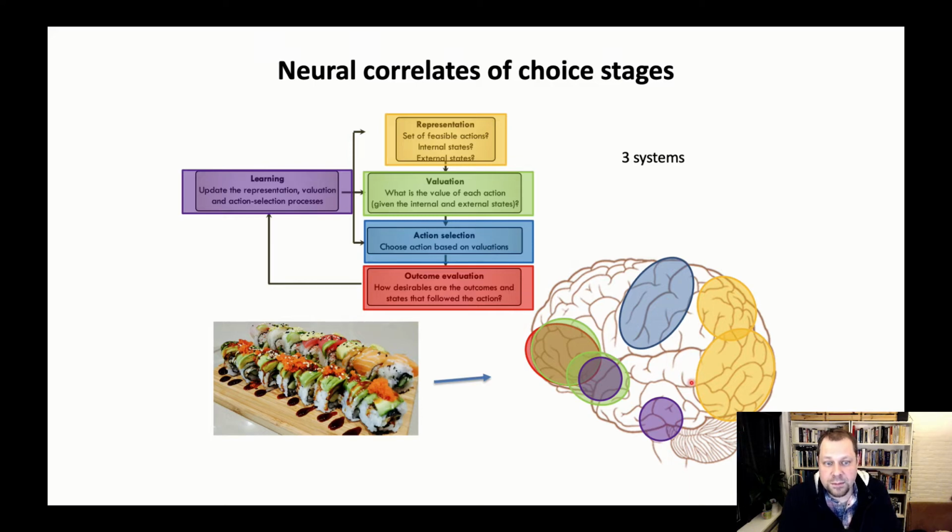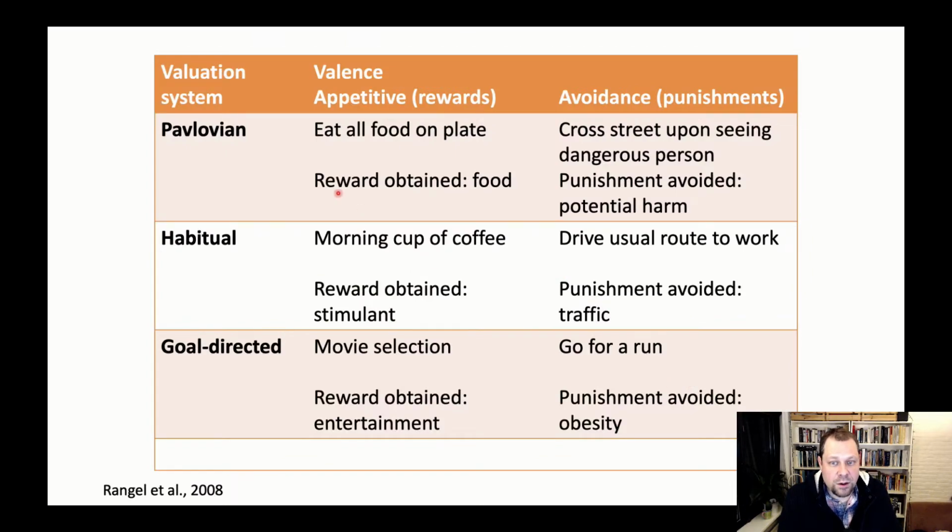Now, one thing that's important is that the authors, Rangel and colleagues, distinguish between different valuation systems. So they underline that there's a Pavlovian system, a habitual system, and a goal-directed system. And they're somewhat distinguishable, but in real life, this might be more of a continuum and not so much a distinct step between those three different systems.